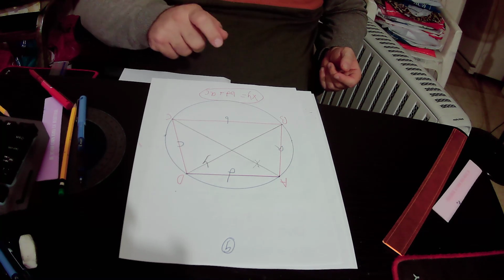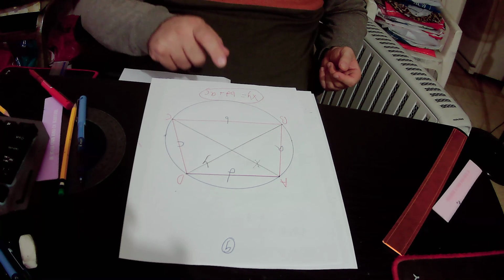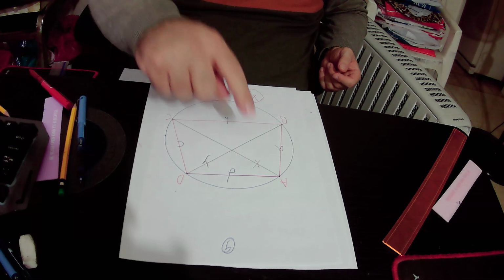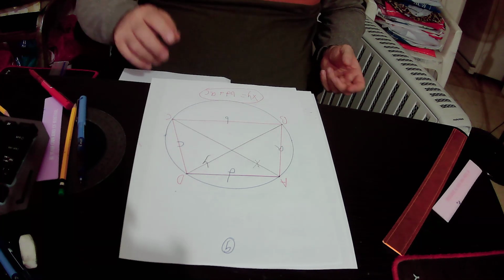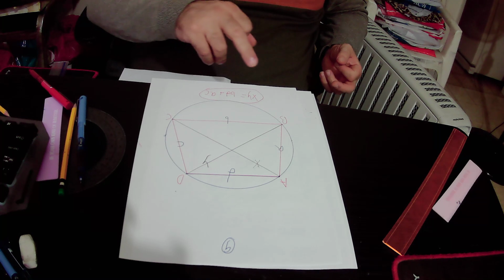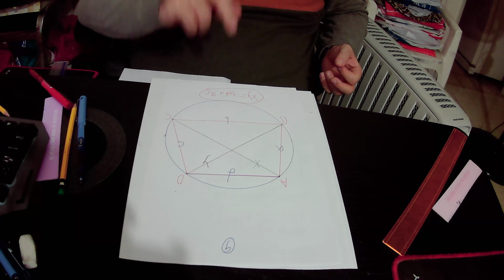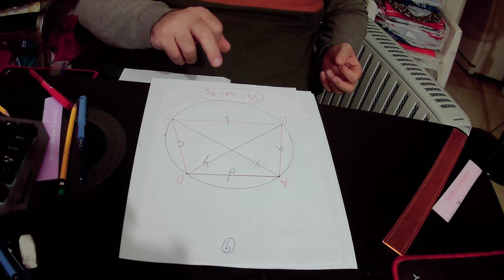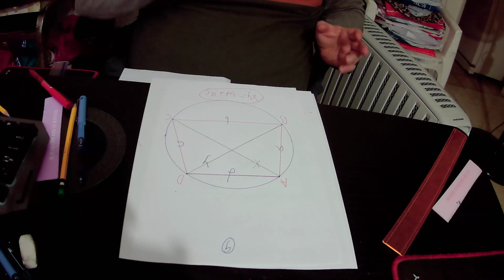That sum equals the product of its diagonals, that is to say X times Y. Again, the product of its diagonals, X times Y, equals the sum of the products of its opposite sides, that is BD plus AC.